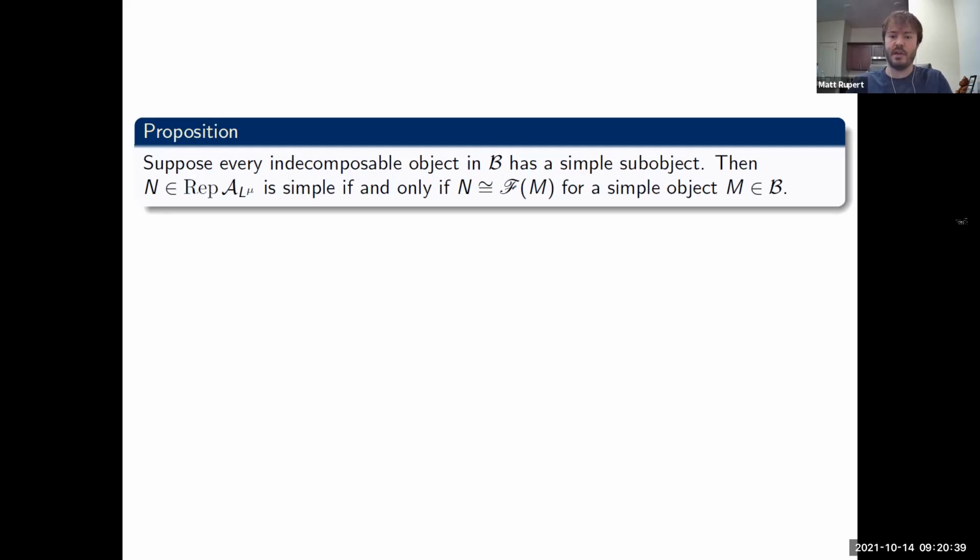And it turns out that if every indecomposable object in B has a simple subobject, which is certainly true for the category of finite dimensional weight modules, which we assume, then every simple object in the category of modules over the algebra object is given by the induction functor acting on some simple object in B. So we know exactly what every simple object in this category is.